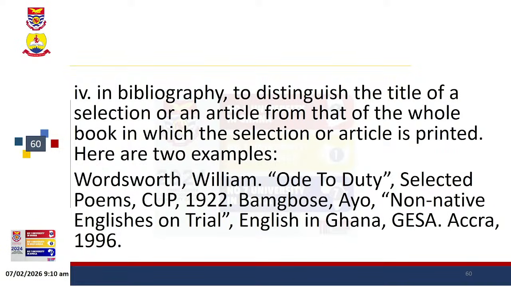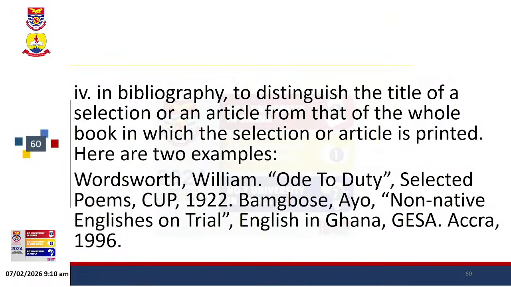What it means is that Bamgbose wrote an article titled "Non-Native Englishes on Trial," and it can be found in a book called English in Ghana. The entire title of the book is Selected Poems, but there is a section written by Wordsworth called "Ode to Duty."